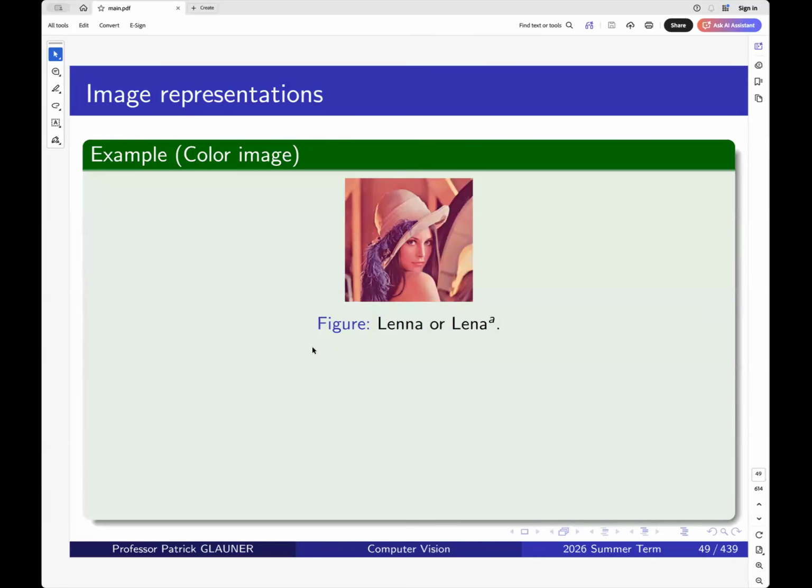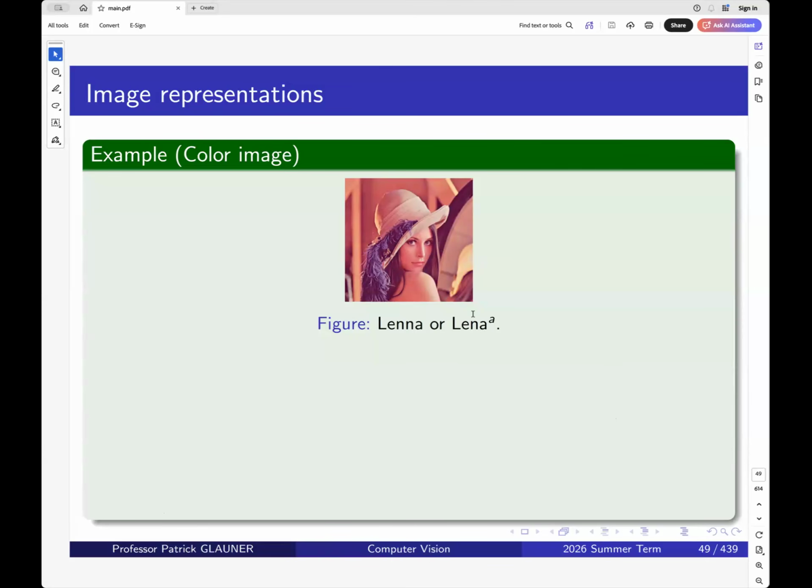Now, here's a very famous color image that we will briefly look into. Has anyone seen this image before? If you have, maybe thumbs up. If you have not seen this image, maybe thumbs down. This image is very popular in the computer vision domain. This lady here is called Lena or Lenna, based on the source you look at.